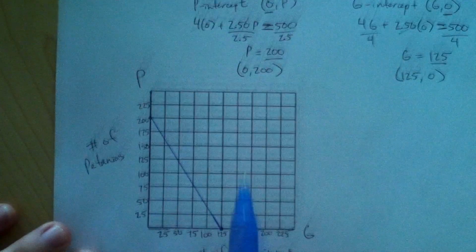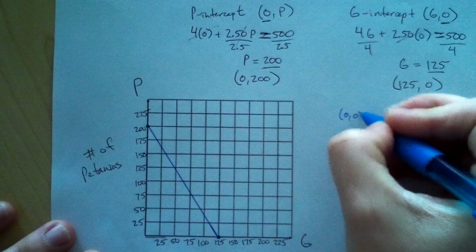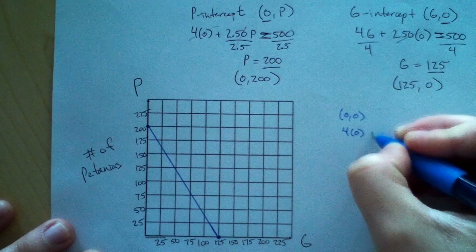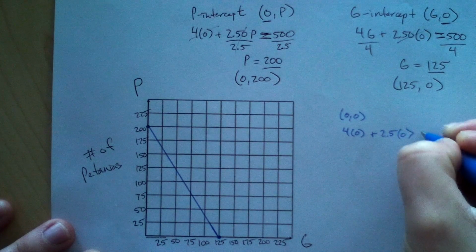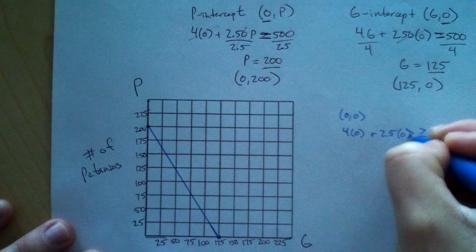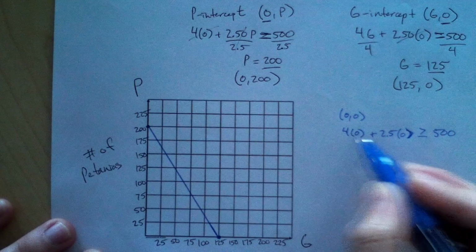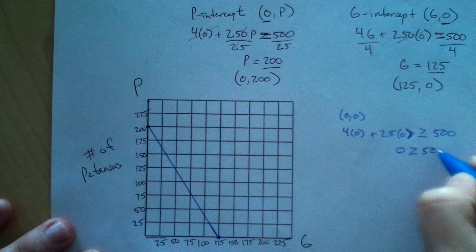G is greater than or equal to 0 is basically going along this line here, our G axis, like the X axis, saying all of our stuff that's bigger or equal to 0. And it's a solid line because, again, it was equal to there.